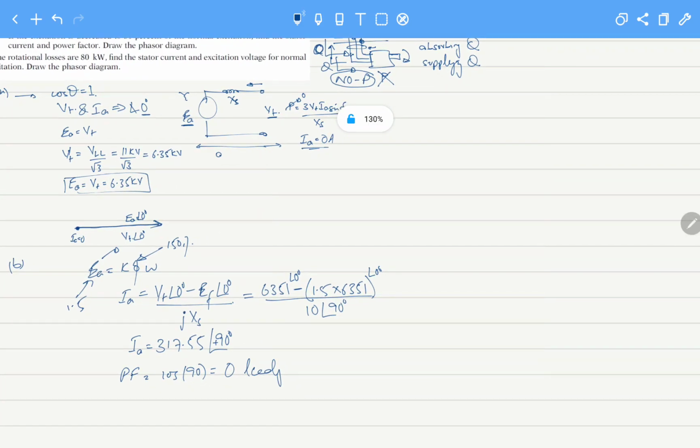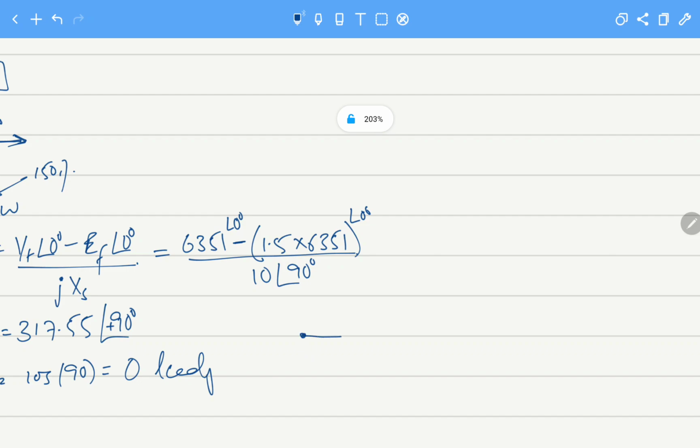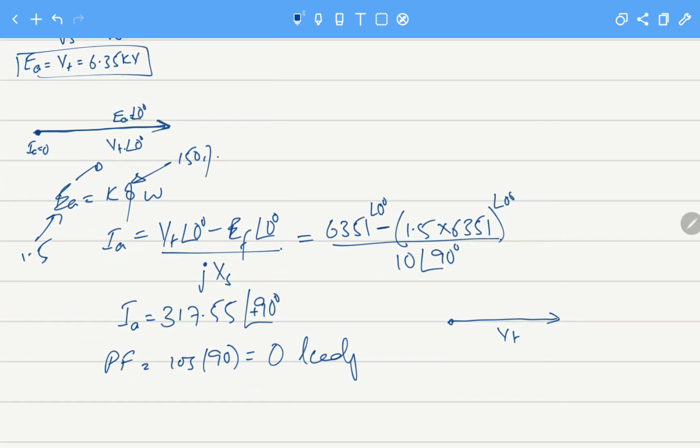Now if you want to draw this diagram, let's draw it here. So here was Vt, and the value of Ef has increased.